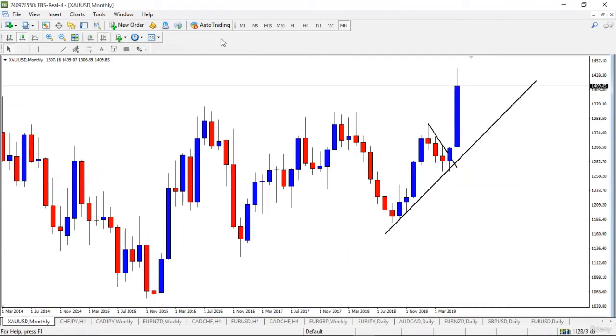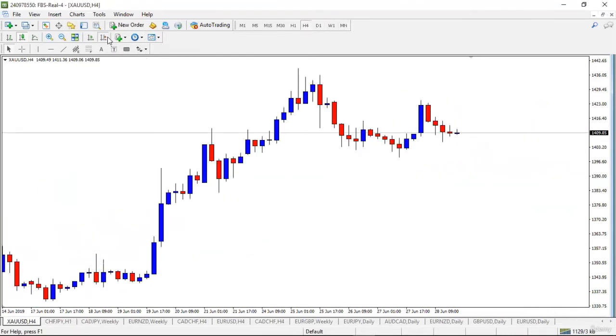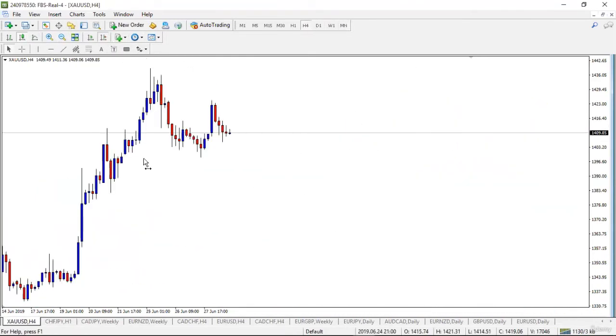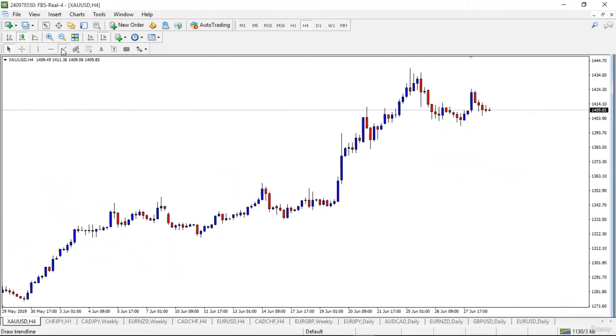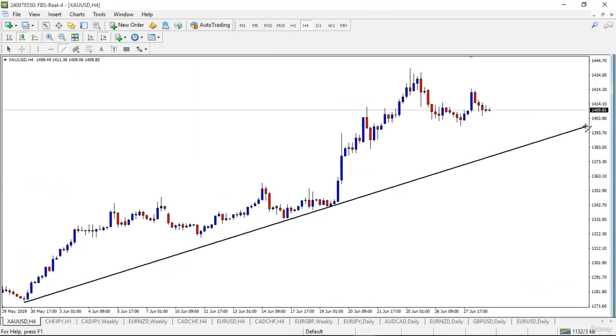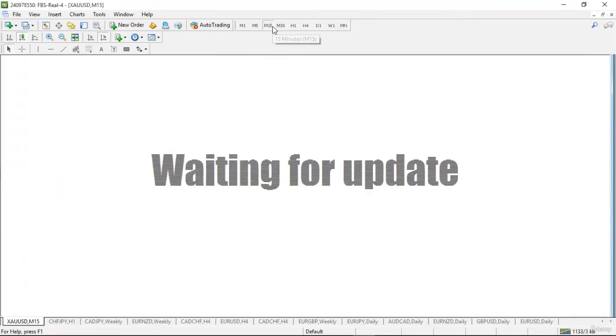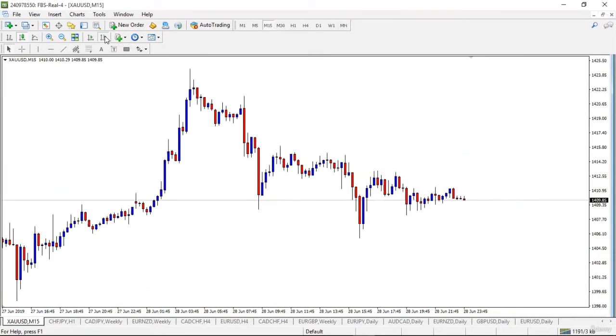Say this is 4 hours. This is gold on 4 hours. It's in an uptrend, but if we go maybe to 15 minutes, we'd probably get something different.